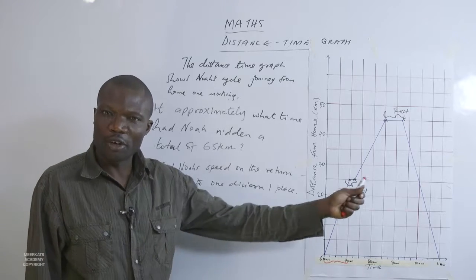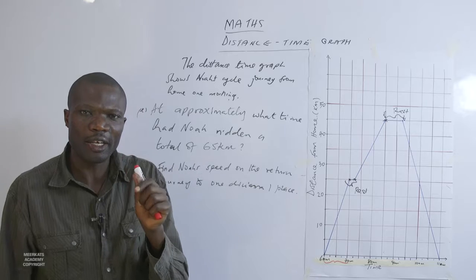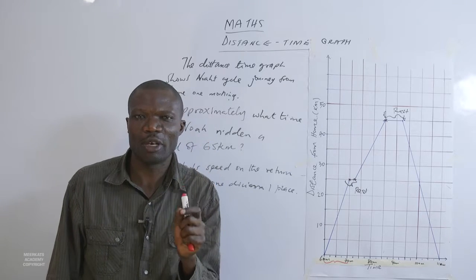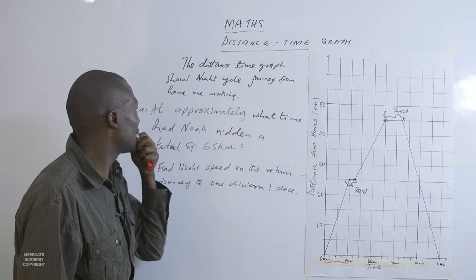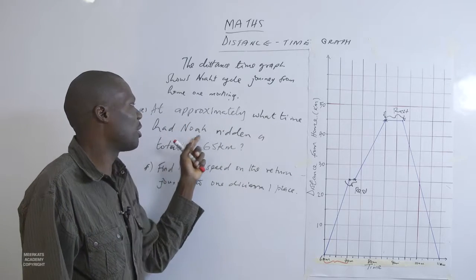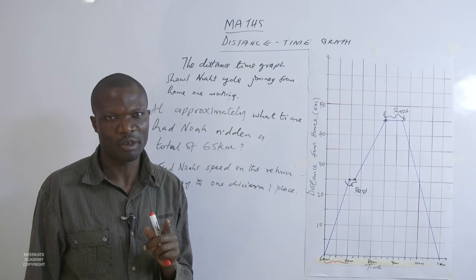Now, we are going on with our graph. The major thing is learning how to interpret the graph, identifying the line segments, and giving reasons why that graph looks like that. So this question is asking, at approximately what time had Noah ridden a total of 65 kilometers?